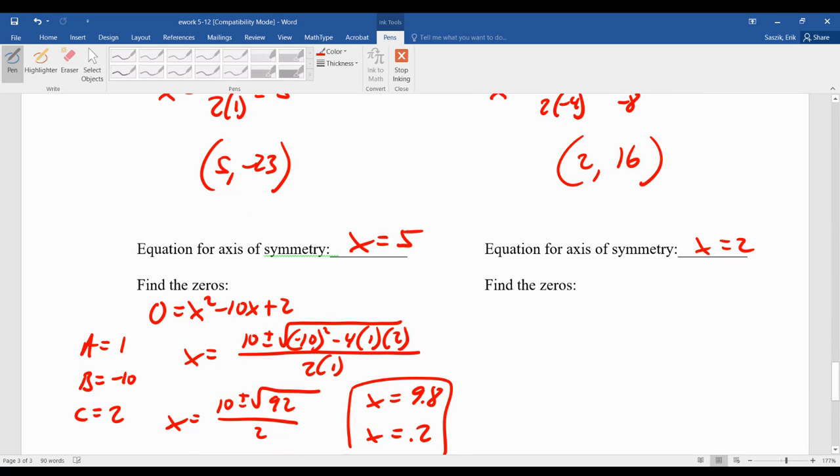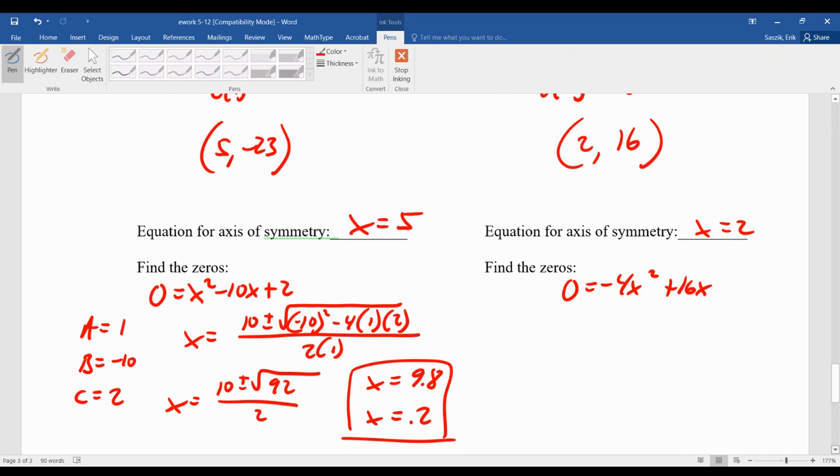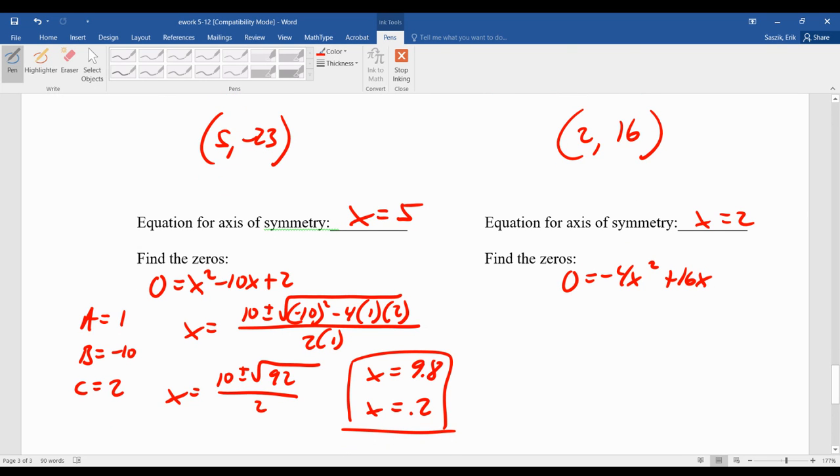Now don't make this harder than you need to. Remember, we had what? Replace the y, negative 4x squared plus 16x. You know, I'm thinking GCF here, folks, but I would like to multiply both sides by negative 1.